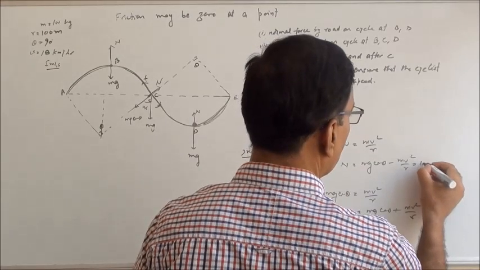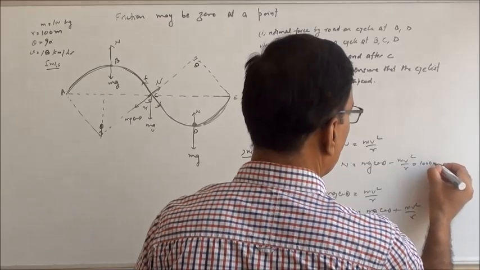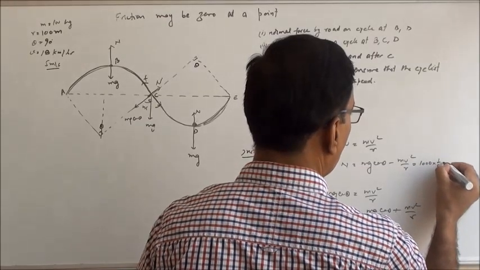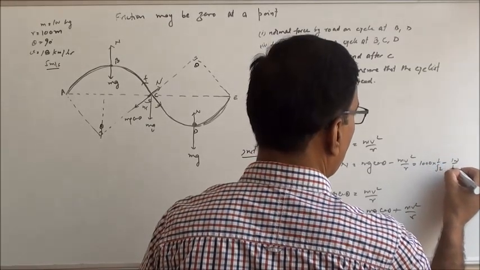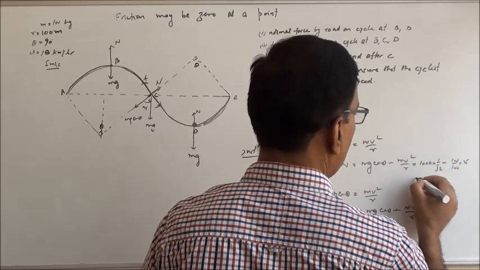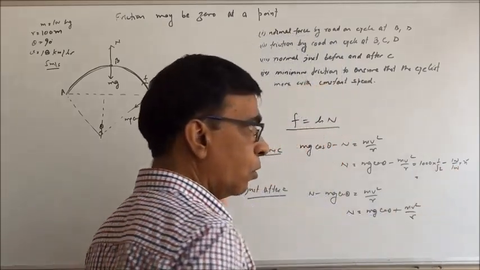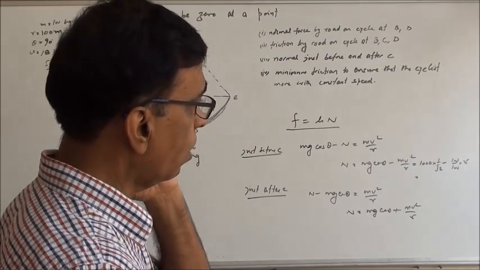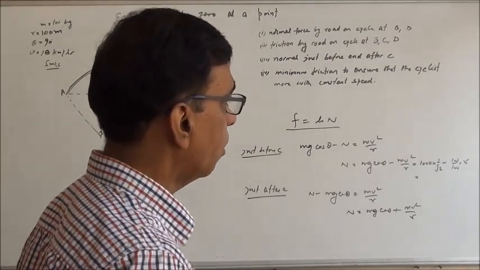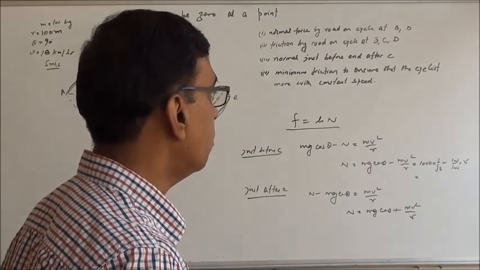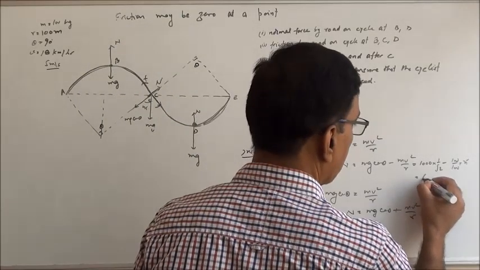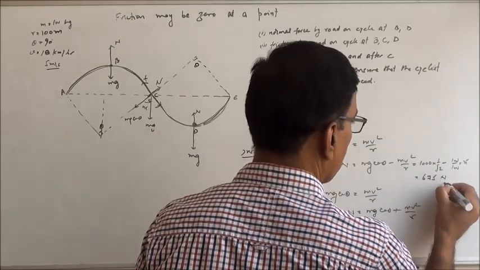mg is 1000 by root 2 minus 100 by 100 into 25. 1000 by root 2 is 700, I'm taking root 2 as 1.4. 700 minus 25, so it becomes 675 Newton.